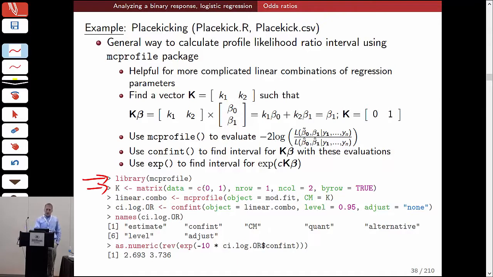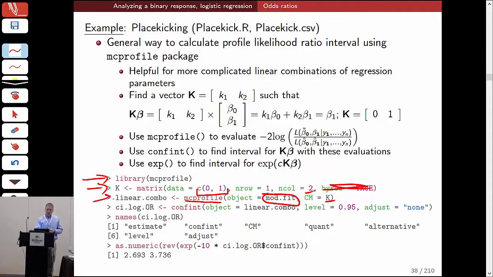So I'm going to say matrix, and the data I'm going to put into it, I'm going to combine 0 and 1 together using the c function. 1 row, 2 columns, and we don't need to worry about byrow equal TRUE right now, so I'm just going to cross that out. And then I'm going to apply the mcprofile function with the results from where I've stored information about the model's fit from glm. That's mod.fit. And then the cm argument stands for coefficient matrix. This is where I put in my k.